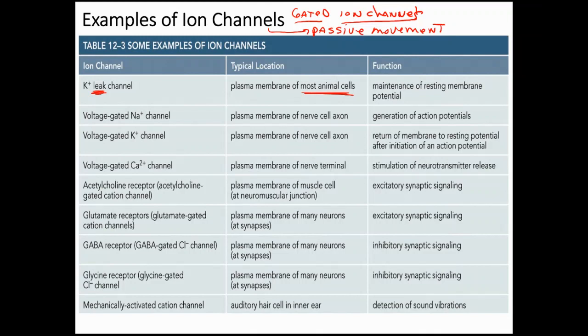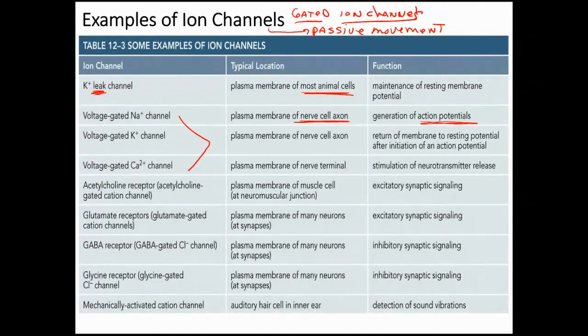Now, when we talk about gated channels, we talk about voltage gated channels. And here we mentioned 3 important voltage gated channels. All right. The voltage gated sodium channel, that's in the plasma membrane of the nerve cell axon, associated with action potentials. Some of you may have already taken neurobiology, so you should be really good with a lot of the aspects of this chapter if you already took neurobiology, right?